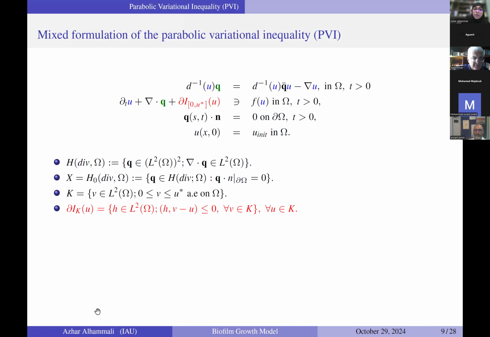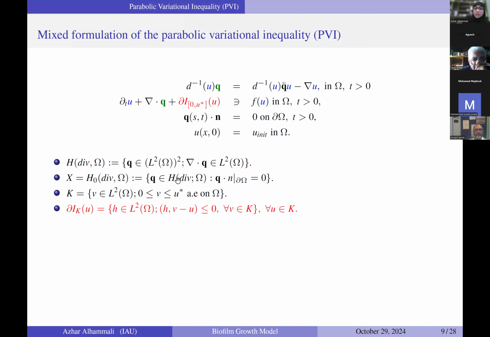The suitable functional spaces for the mixed finite element method are H(div), defined like this, and L2. So H(div) for the flux and L2 for U. Since U has to satisfy the box constraint, we define this set K. This is a closed convex subset of L2, which is important in showing the well-posedness of the problem.